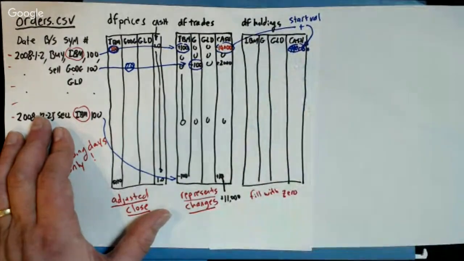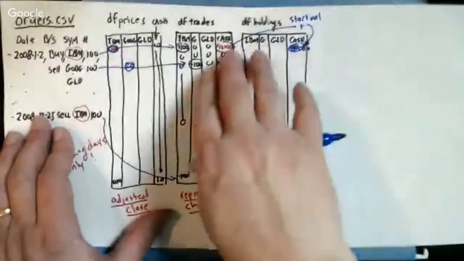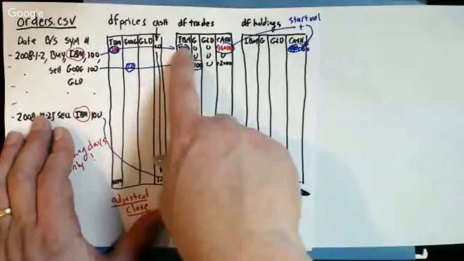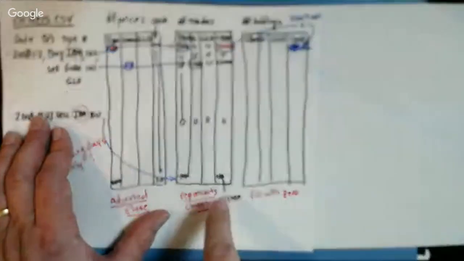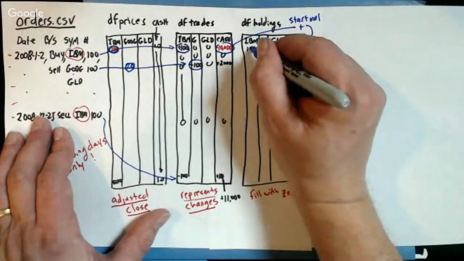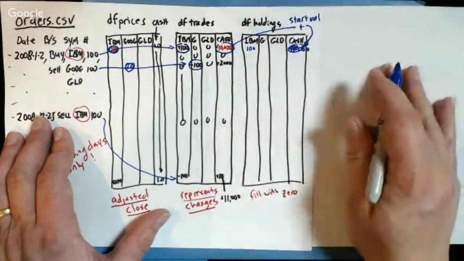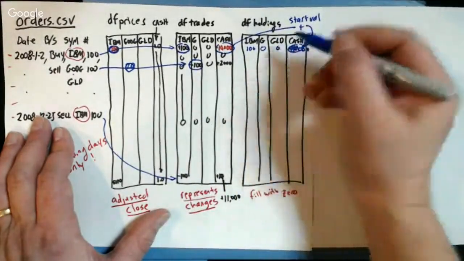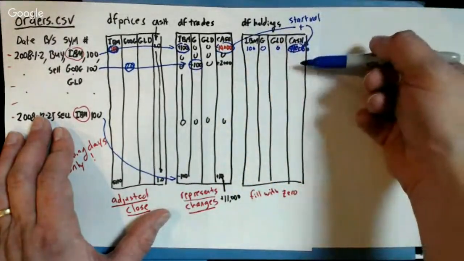on that first day. Then for the rest of these columns, well, the way we step forward is we look at each row and we accumulate these numbers. So for IBM, on this first day, we get 100 shares. Google, there was nothing. Gold, there was nothing. Now we step to the next day.